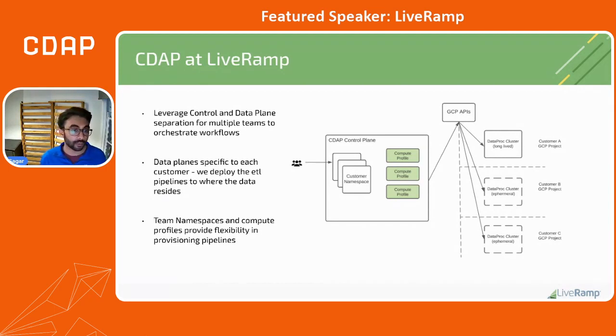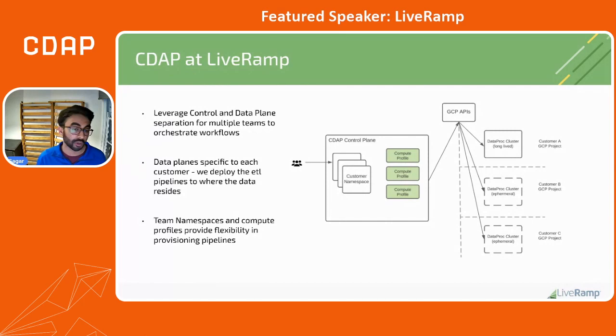So at LiveRamp, we've gone the way of leveraging CDAP's split control and data plane concept, in that we are aiming to have a single control plane, which is a CDAP instance deployed, essentially allowing our data science teams and data engineering teams to access a single instance, but actually be able to run their workloads in different GCP projects or different essentially siloed areas.